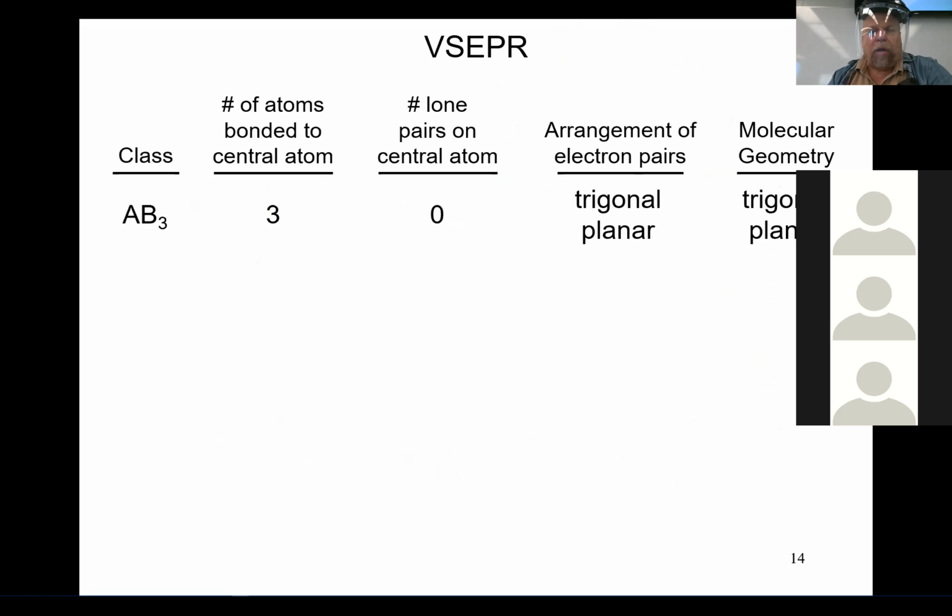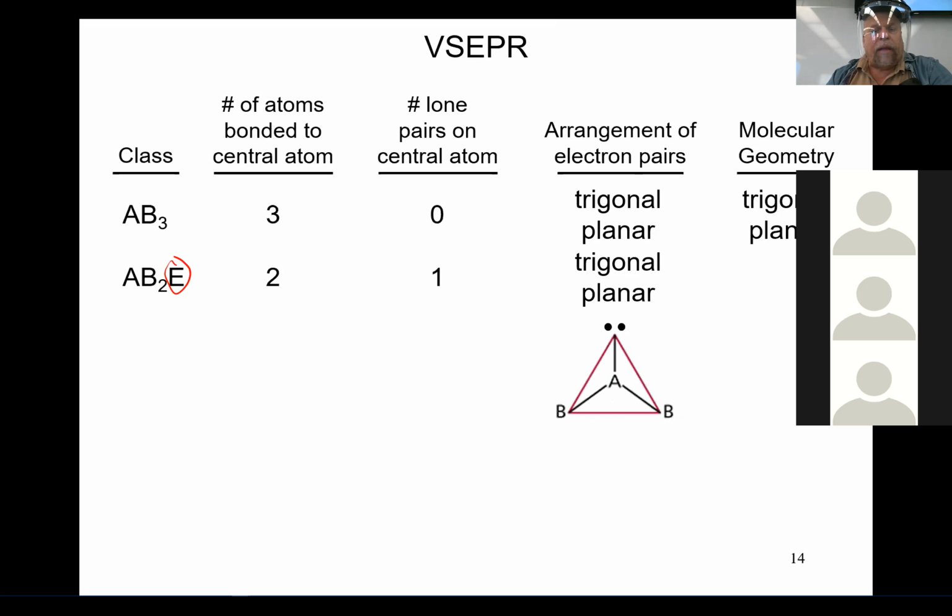Now, the next one, AB2E, where the number of bonds to the central atom is 2, is trigonal planar. And essentially here, the E refers to the electron pair associated with this. So there are 2 bonds to the central atom, you have 1 lone pair associated with that, and this is also trigonal planar, but it's a different kind of trigonal planar because you just have that electron pair there instead of another atom.